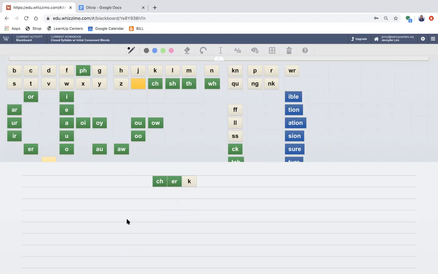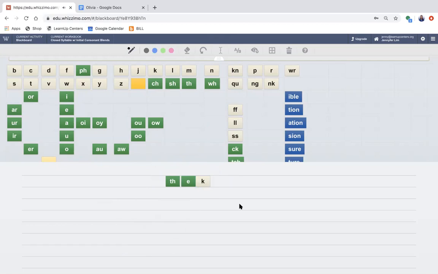Next word I want is thirk. You take out the CH and put in a TH. Next word I want is theck. You take out the ER and put in an E. Does this look correct?